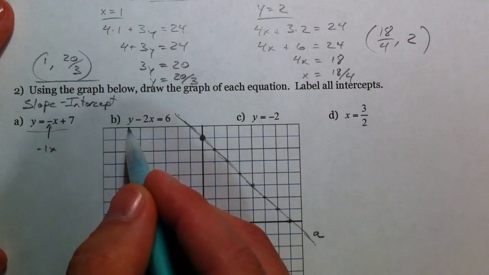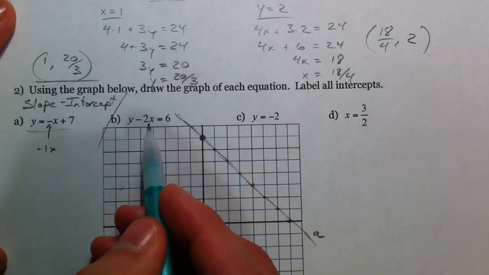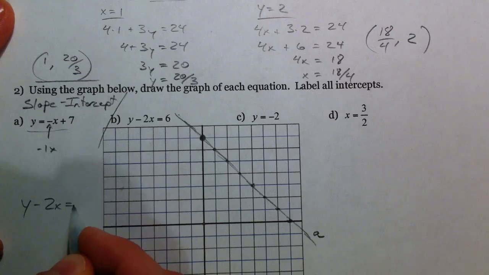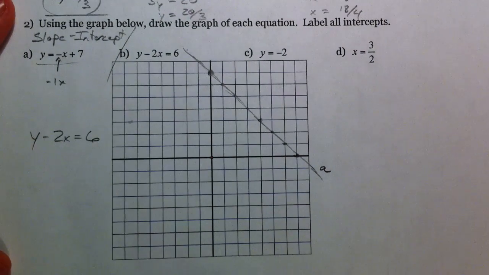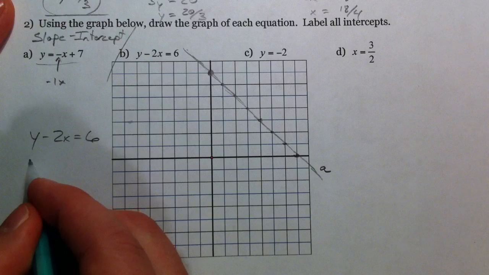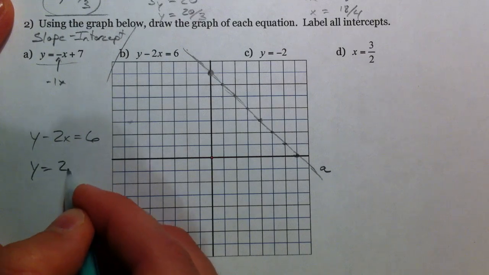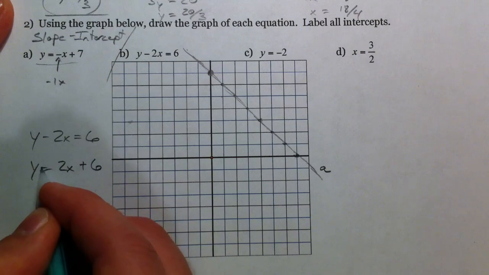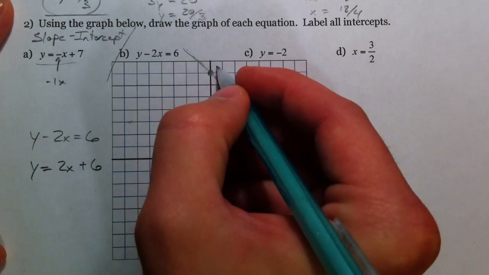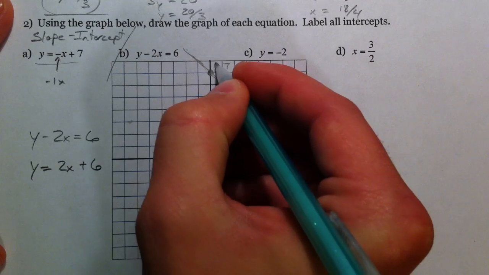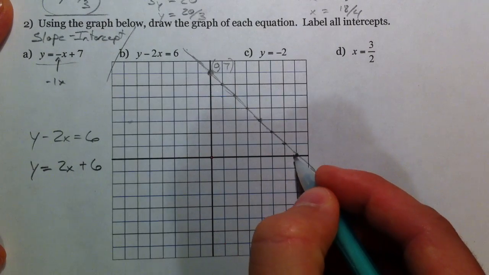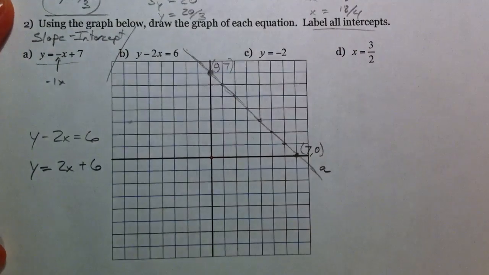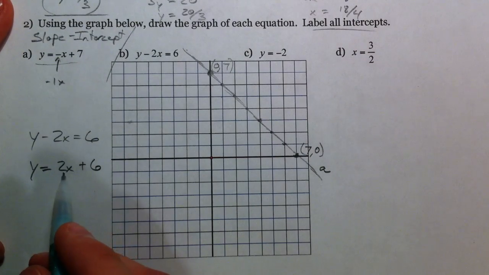Alright, so this next one is in standard form. y minus 2x equals 6. So two ways you can do this. You can either add the 2x over and it's in slope-intercept form, and that's what most of you prefer. Sorry, we'll plot this as being (0, 7) and (7, 0) because we said label all intercepts here. And so y equals 2x plus 6.